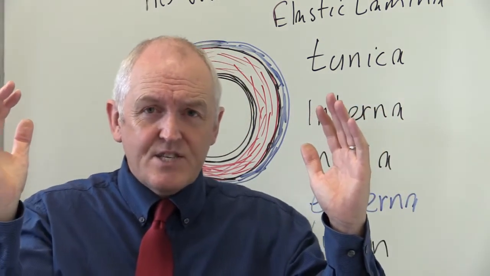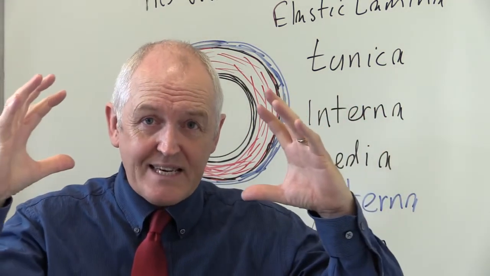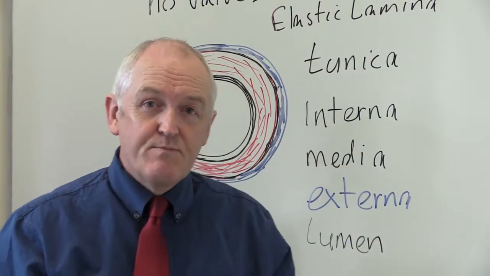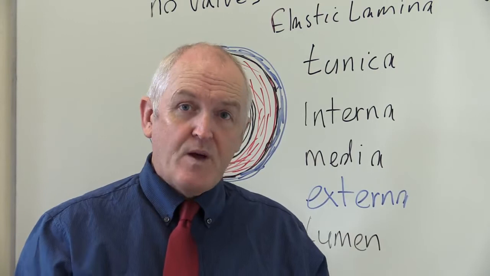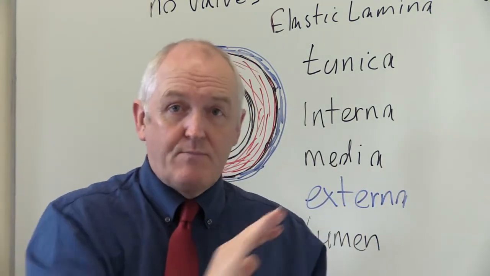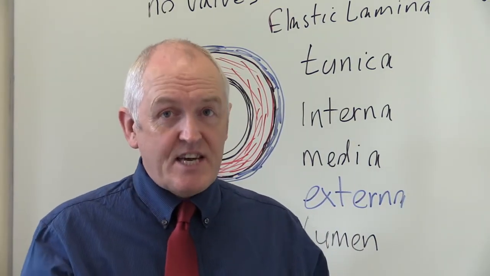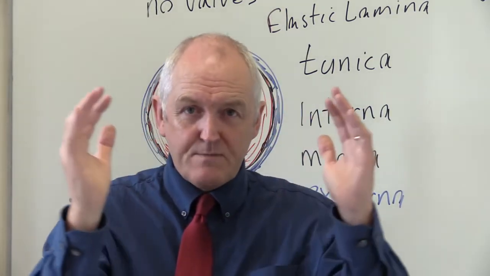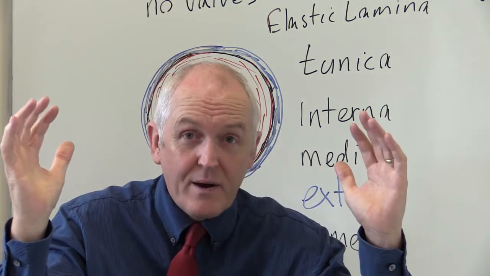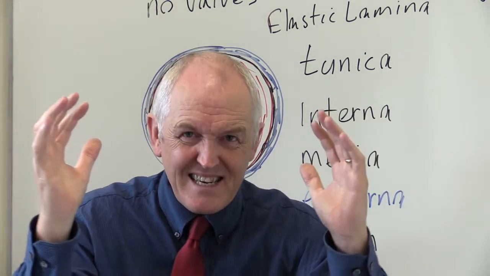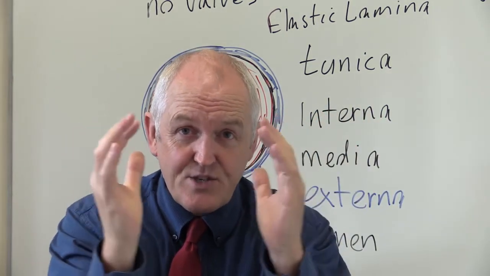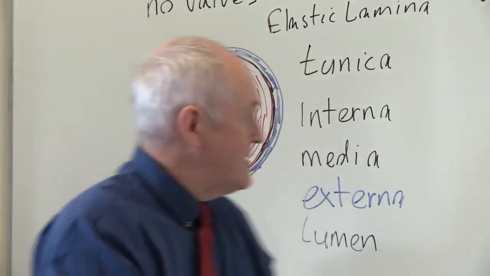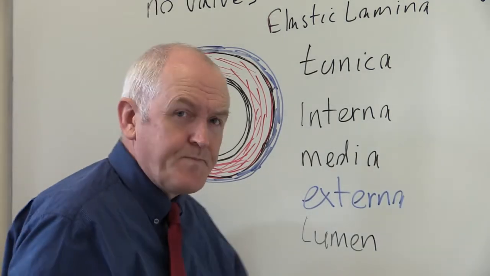But then as the artery starts to elastically contract down again, that maintains the flow of blood and it smooths out the flow of blood. Otherwise you'd have a flow of blood every time the heart contracted, and then essentially nothing in between times. So when the heart contracts, the arteries expand, that's storing up energy, which the elastic contraction then brings back down again, propelling the blood forward in these conducting arteries.